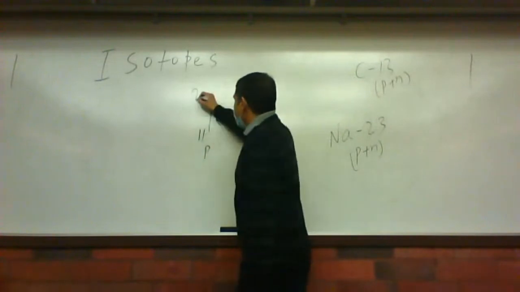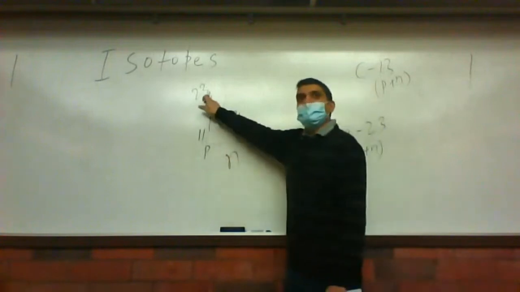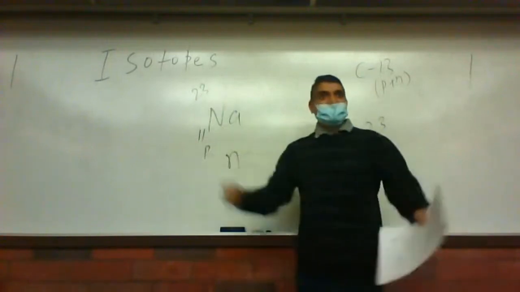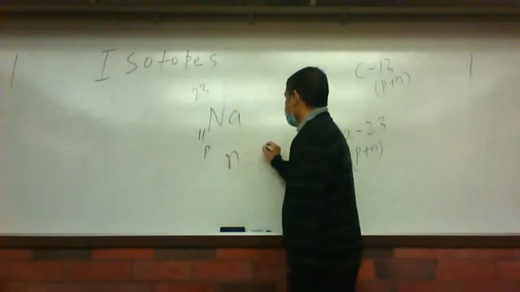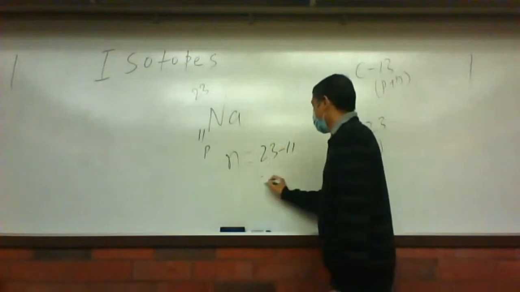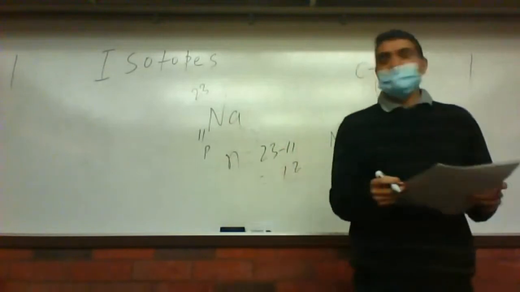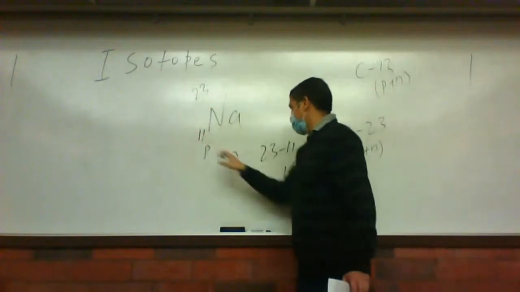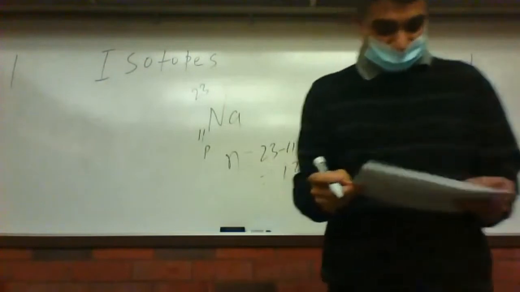And they might write 23 here. So what is the neutron number? This is the proton plus neutron, and this is the proton, right? So this minus this gives the number of neutrons. Make sense? Good. So same thing. 23 minus 11 gives 12 neutrons. So 11 protons, 11 electrons are here, and 23 minus 11 is 12 neutrons there. Good.